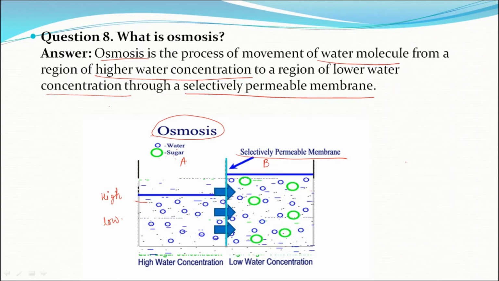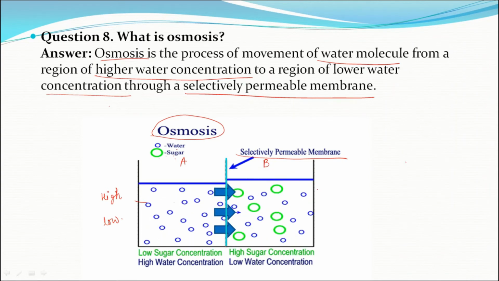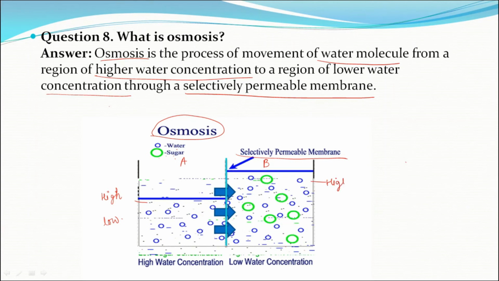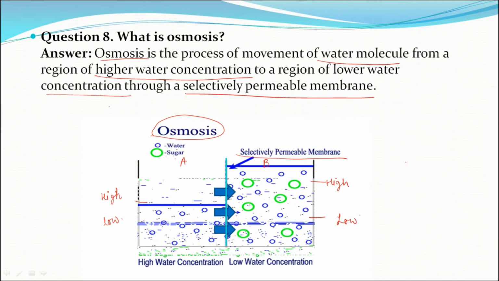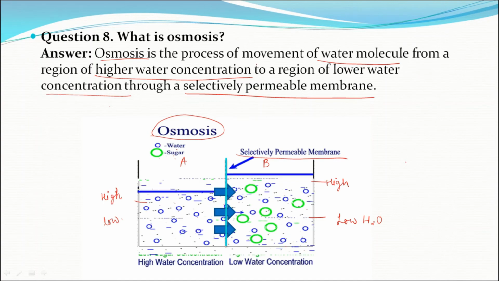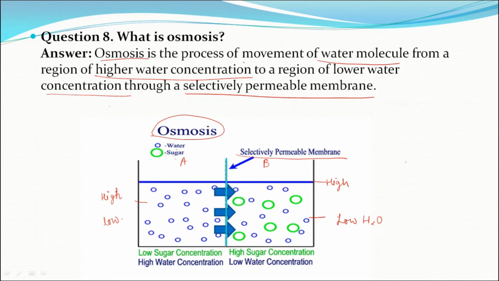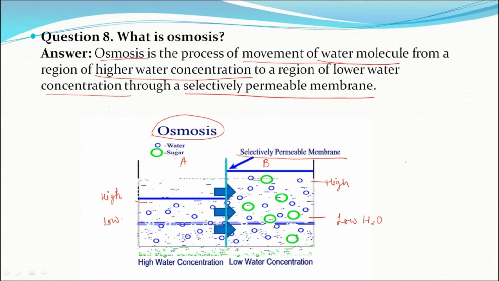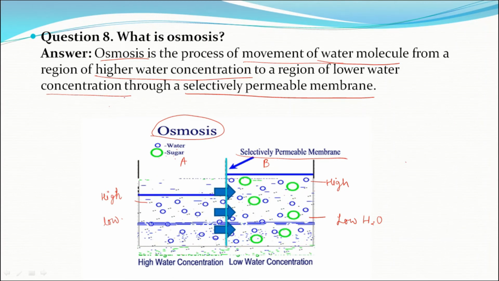But if you observe this system, it is clearly visible here high sugar concentration and low water concentration. So what will happen? According to the definition, osmosis is what? Movement of water molecules from higher water concentration to a region of lower water concentration.